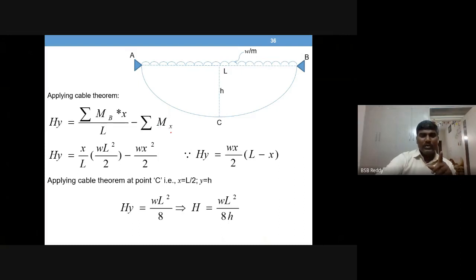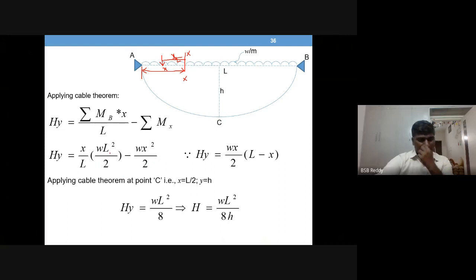If you take a section here at x, W into x by 2, so Wx square by 2.